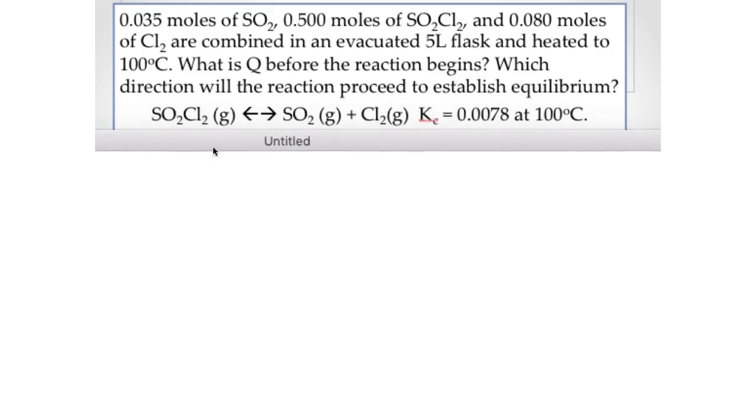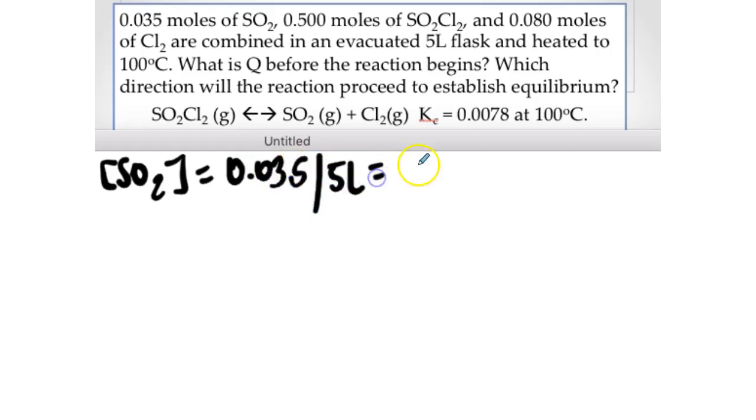Okay, so what you guys did is you converted the moles into molarity by dividing by the volume. So for the concentration of SO2, you divided 0.035 by 5 liters, and you got 0.007.